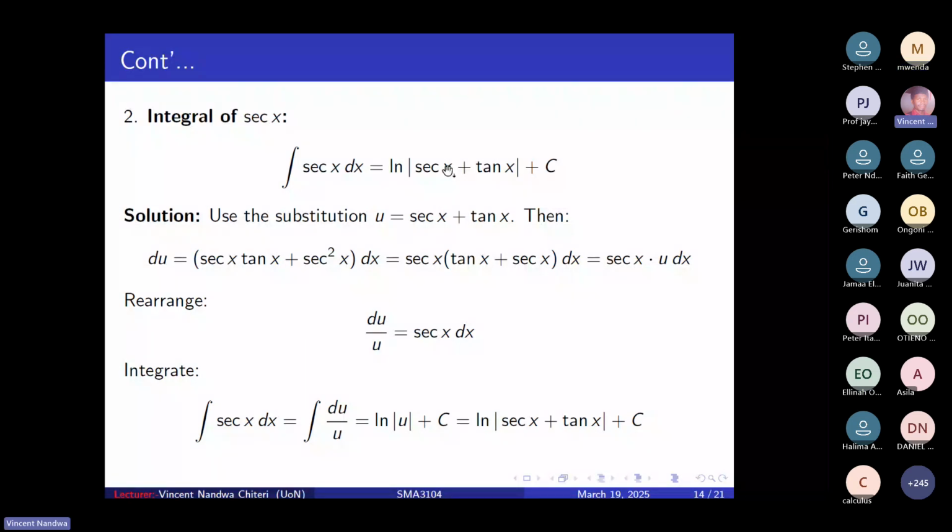So you multiply this sec x by sec x plus tan x over sec x plus tan x. You substitute u by sec x plus tan x, which when you define your du, you'll get sec x tan x plus sec squared x dx.